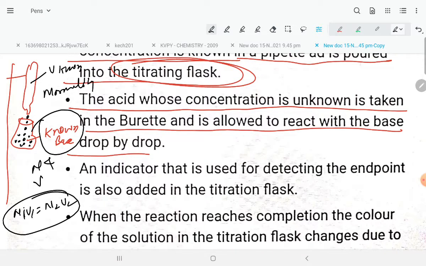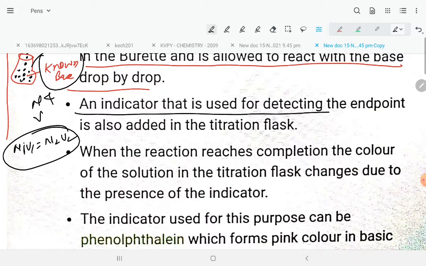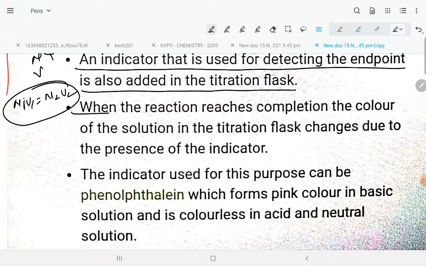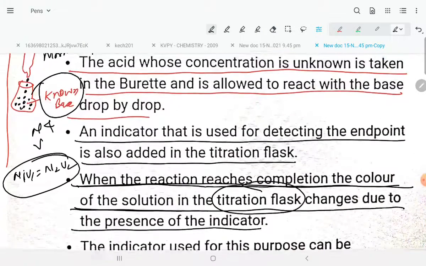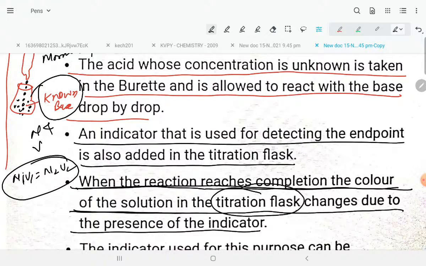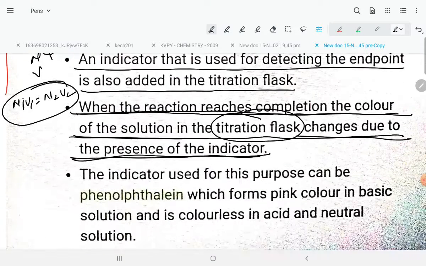An indicator that is used for detecting the end point is also added in the titration flask. When the reaction reaches completion, the color of the solution in the titration flask changes due to the presence of the indicator.